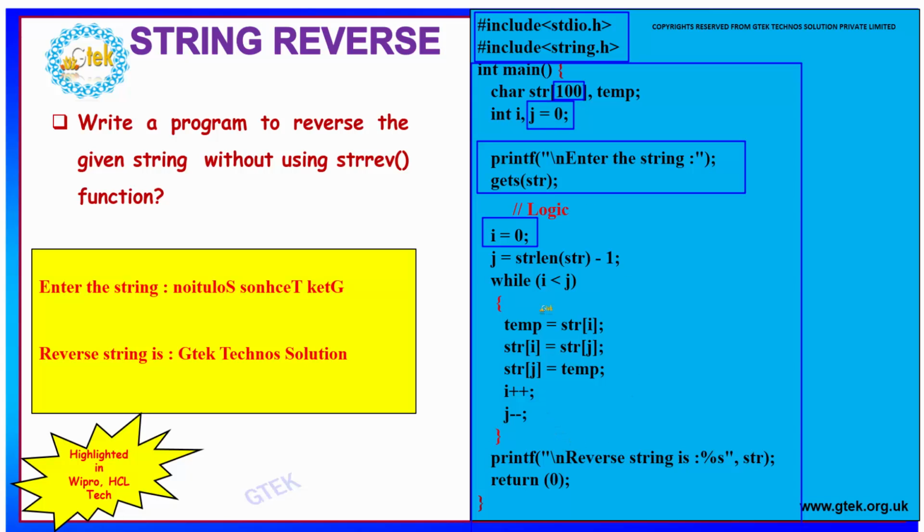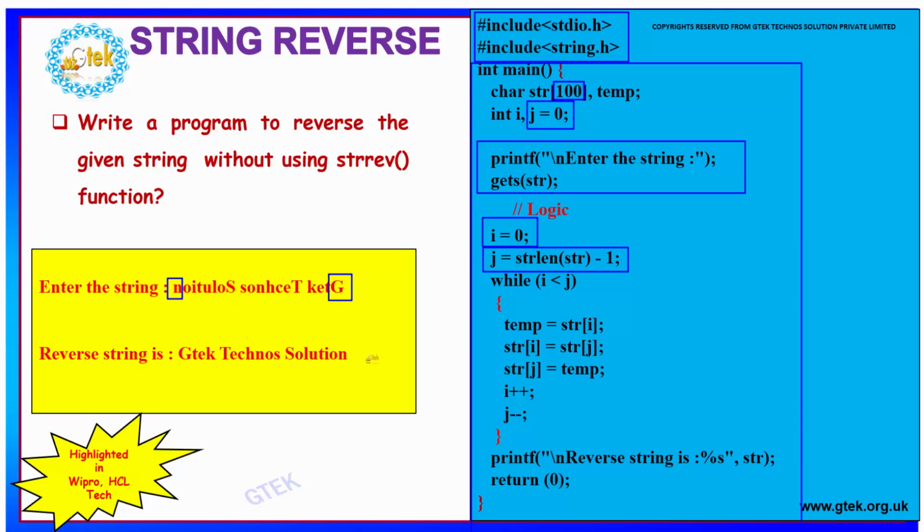Let us see that. Initially, the value of j is taken to be the string length of str. Subtracting 1 from it, you get the last position. So your j will be pointing over here, and whereas your array's I will be pointing over here.